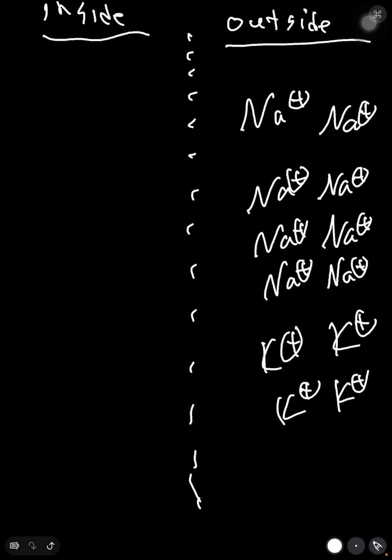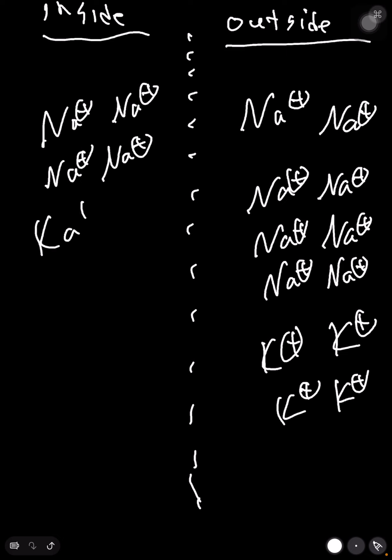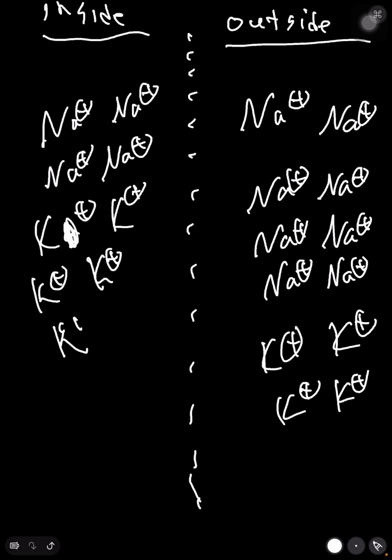And on the other side, you've got some sodiums, and you've got a bunch of potassiums. Whoops, why did I write Ka? That's not right. There we go. Getting sloppy here, sorry about that.